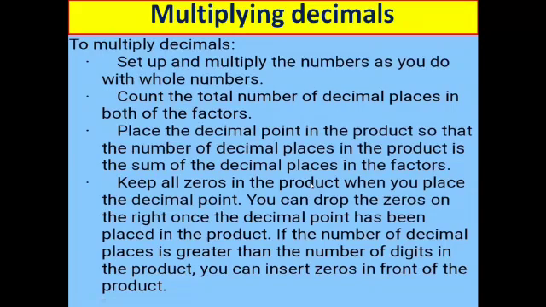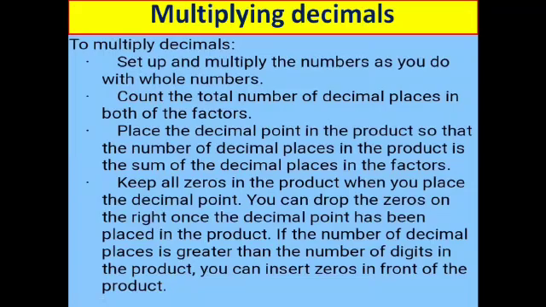But one more point I want to add. Keep all zeros in the product when you place the decimal point. You can drop the zeros on the right once the decimal point has been placed in the product. If the number of decimal places is greater than the number of digits in your product, you can insert zeros in the front of the product.